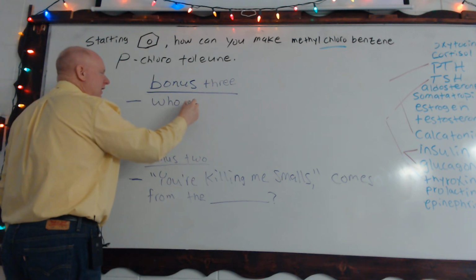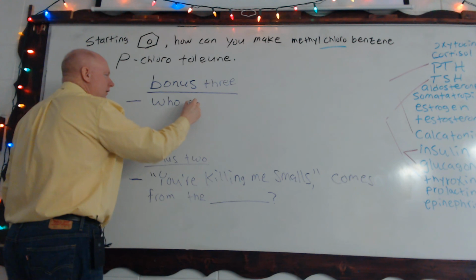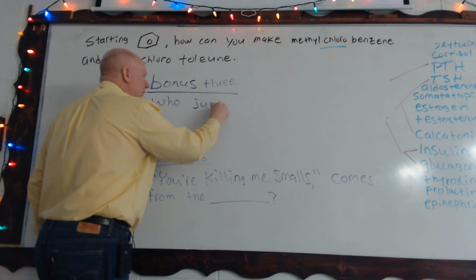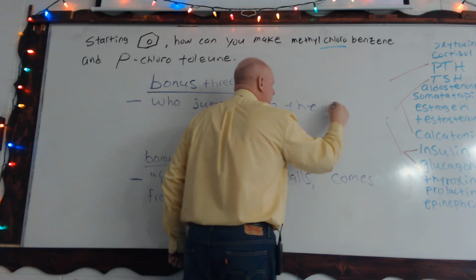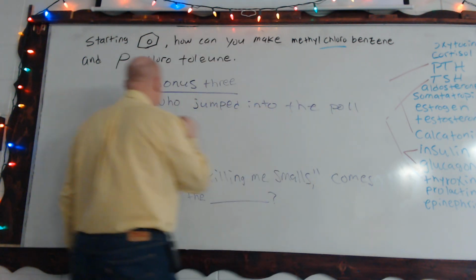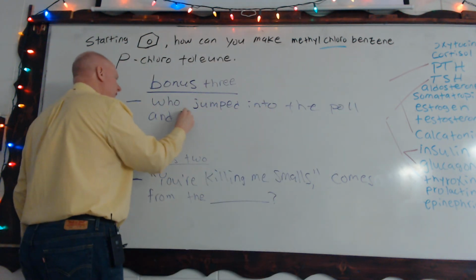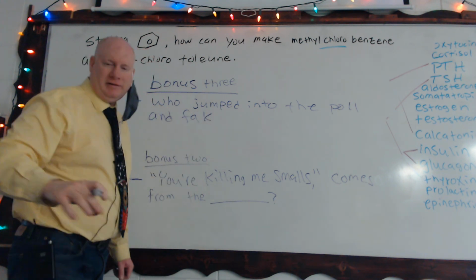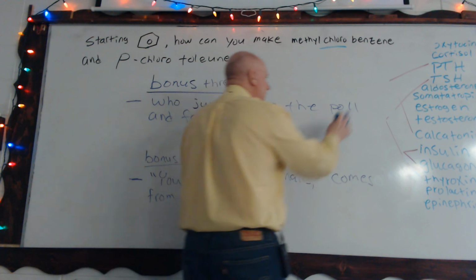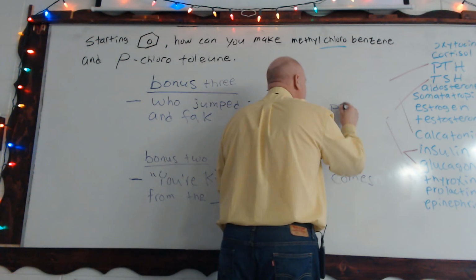How do I want to say? Who jumped into the pool and faked drowning? And you spelled pool wrong. Oh, I put pole. I was just seeing if anybody was paying attention. I guess I didn't need to.